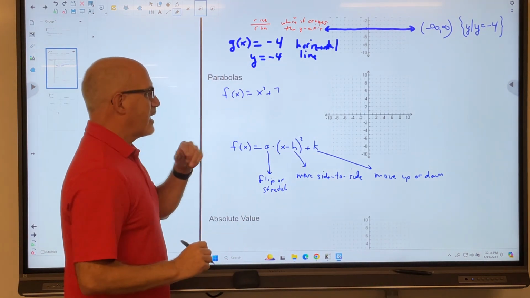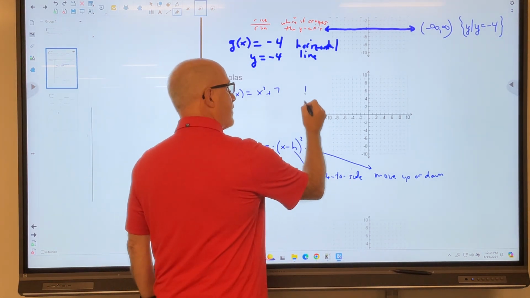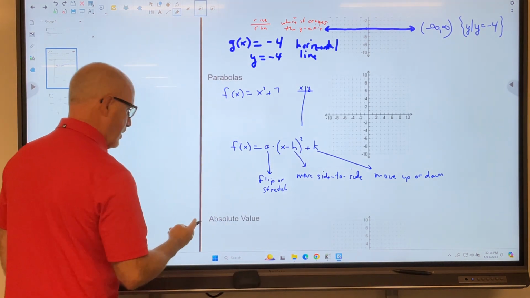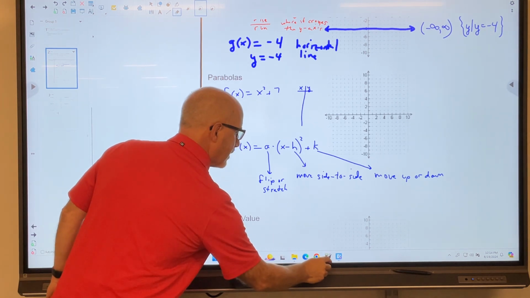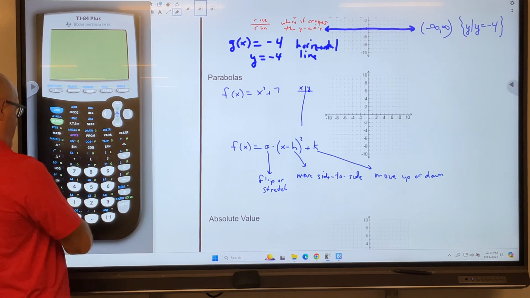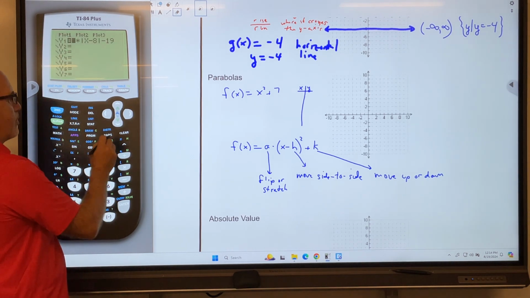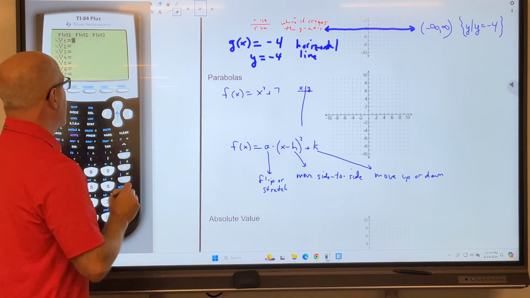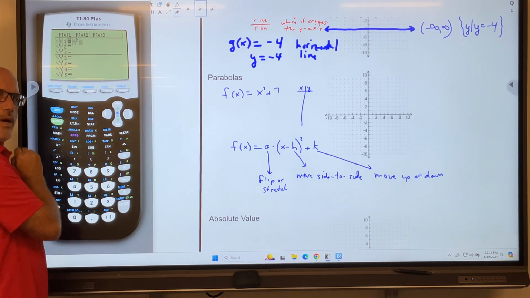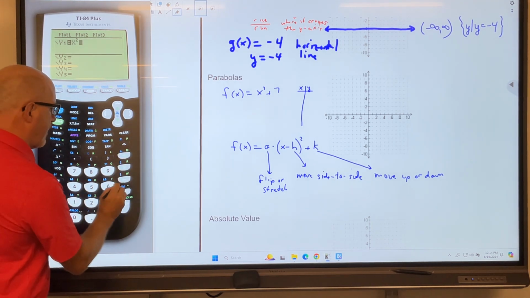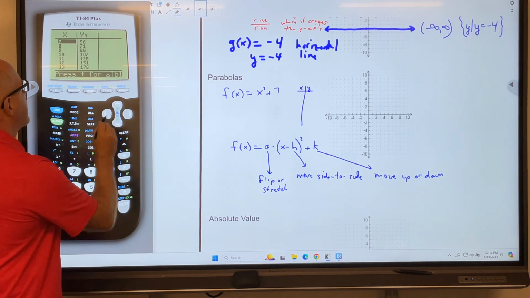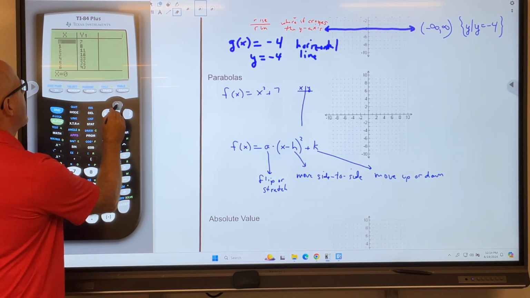All right, so when we look at this graph, if we were to set up a table, let's go ahead and put it in our graphing calculator and see what we got. We turn it on, go to y equals, clear out the previous one, and put in x, square it, plus 7, and then look at my table around 0.